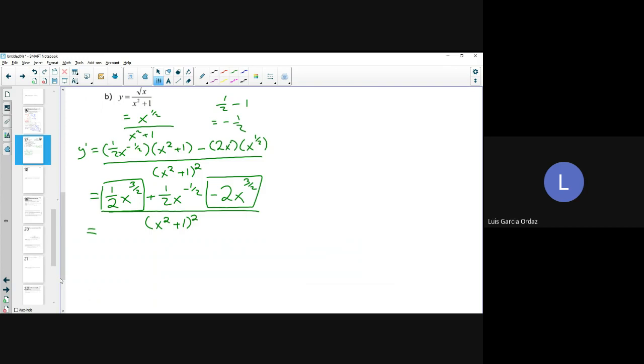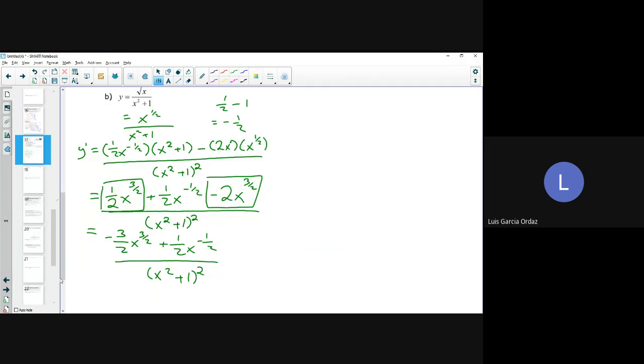Negative 3 over 2. So I'm left with negative 3 over 2, x to the power of 3 over 2, plus 1/2 x to the negative 1 over 2, all over x squared plus 1 to the power of 2.